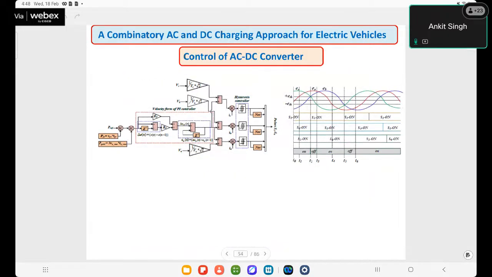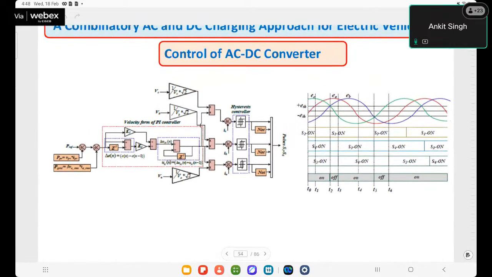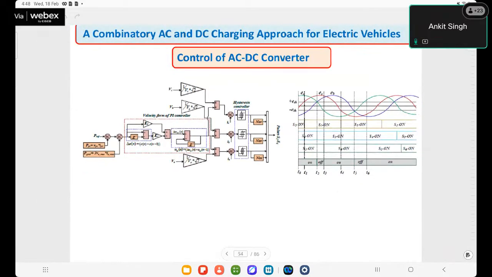So here the control aspects of this AC/DC converter have been shown. A hysteresis control technique has been used. We are taking the reference power, as I showed in the second converter in the on-board charging application at the beginning of the slide. So solar PV is charging the battery.